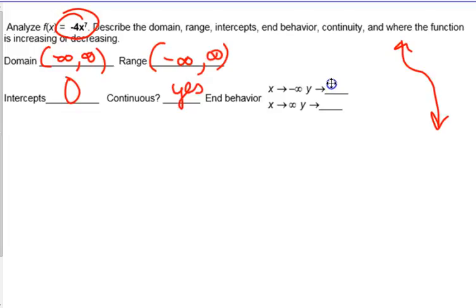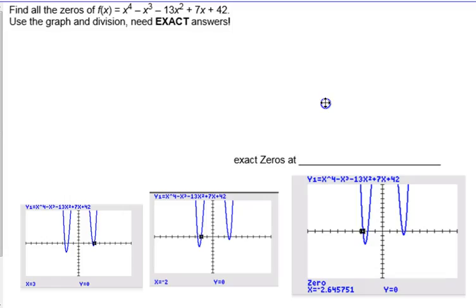End behavior, left end, right end. Okay. It's not a complicated one. Remember we spent some time the day we did power functions. We had to do a bunch of these. We're just asked these questions. So I put it on the quiz. Easy peasy.